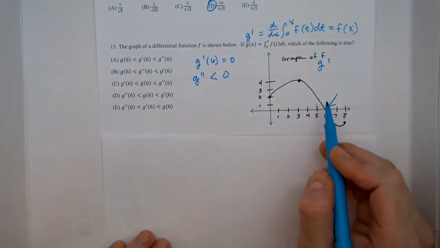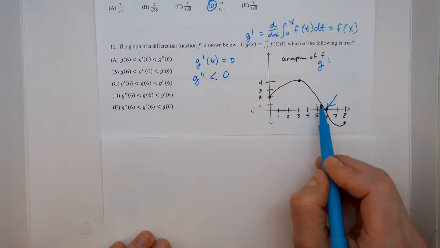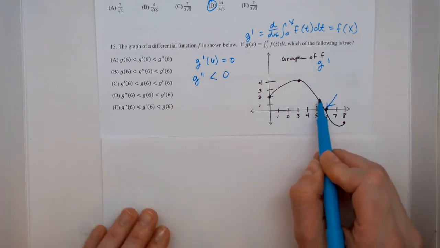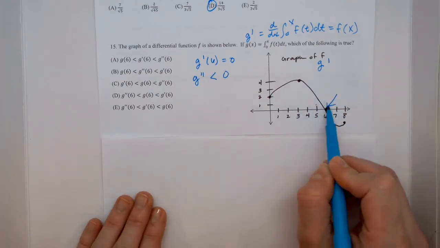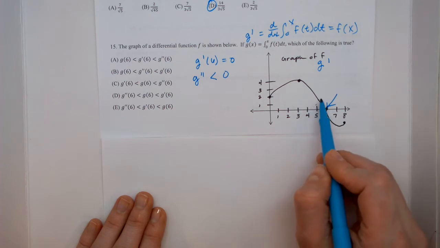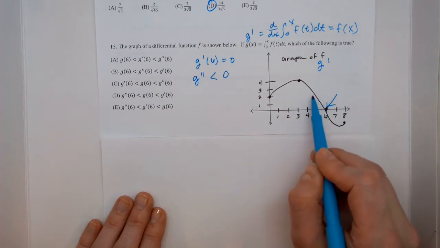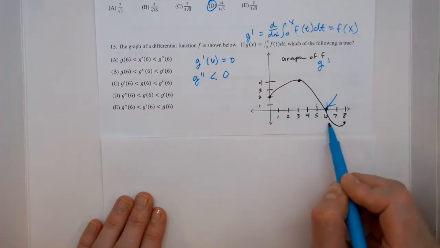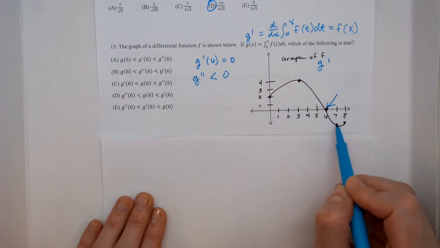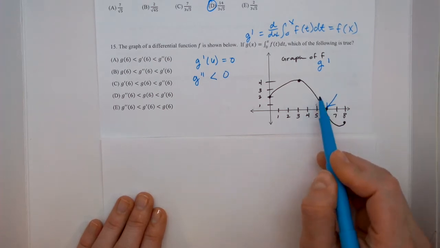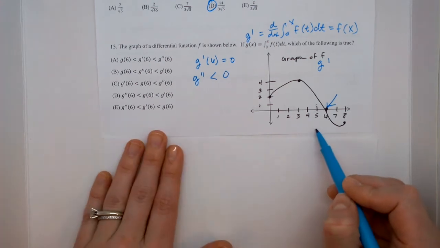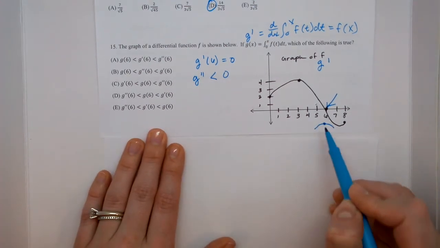Okay? Now thinking about the original g from g prime, it goes from increasing to decreasing. Remember that g prime represents the slope of g. So the slope of g is positive above the x-axis and negative below the x-axis. So if the slope goes from positive to negative, we have a maximum there.